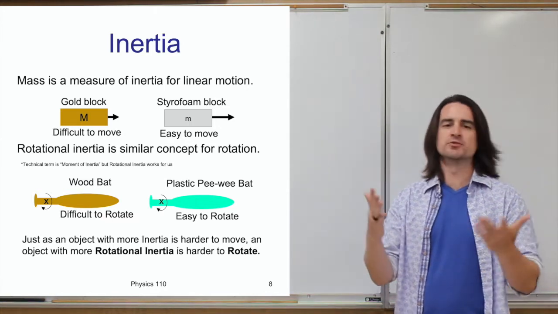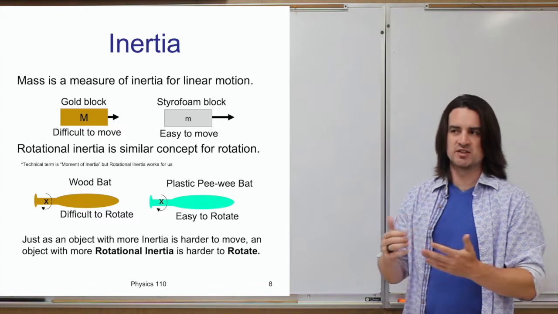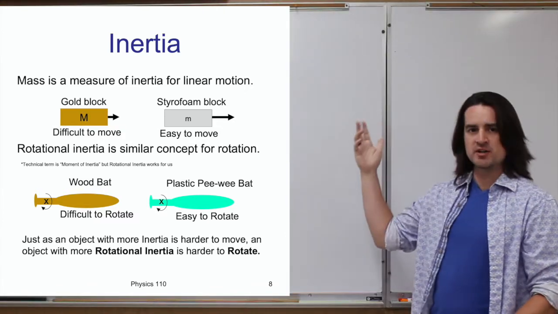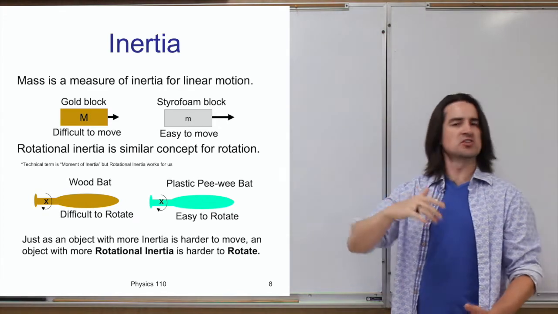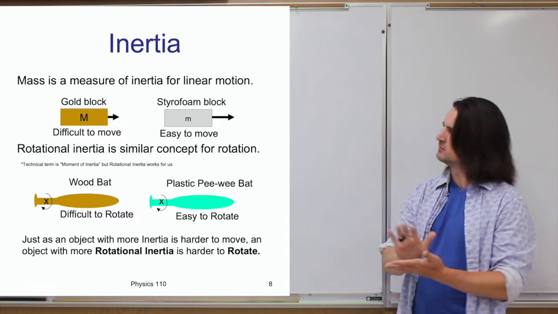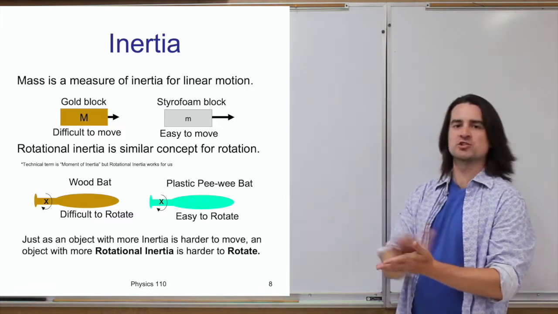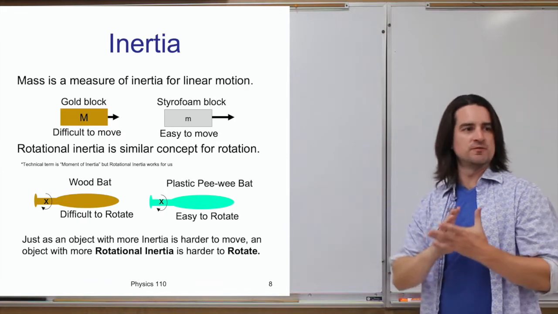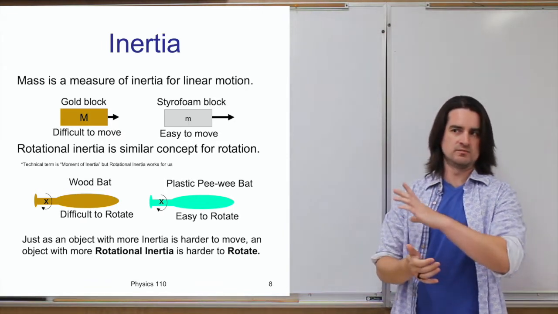You just throw rotational in front of inertia, and there you go. So just like regular inertia is a measure of how difficult it is to get an object moving or stop it from moving, rotational inertia is a measure of how difficult it is to get an object to rotate.